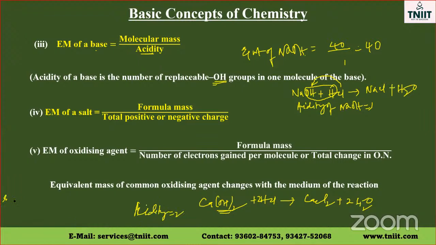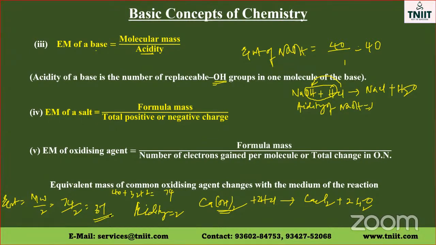Therefore, the equivalent weight will be molecular mass divided by 2. Molecular mass is 40 plus oxygen 16 into 2 is 32 plus hydrogen is 2. So it will be 74. So 74 divided by 2. So the equivalent mass of calcium hydroxide is 37.